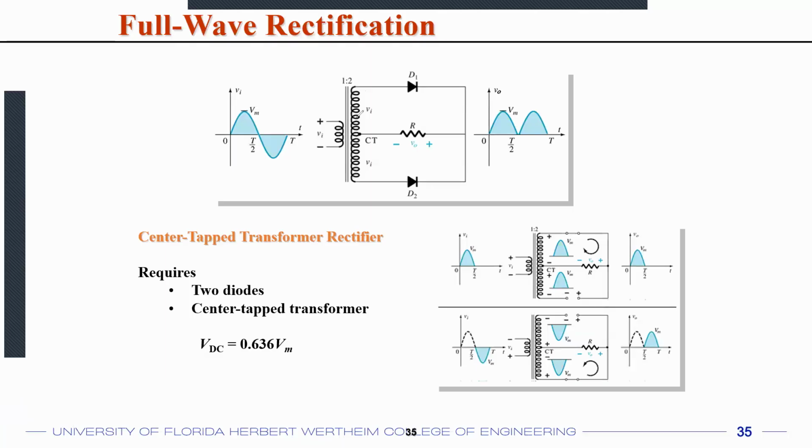You may already have heard about transformers, where you transform the voltage or current from the primary side of the coil to the secondary side of the coil. Let's say you have this as the primary side of the coil, then there's a magnetic core.